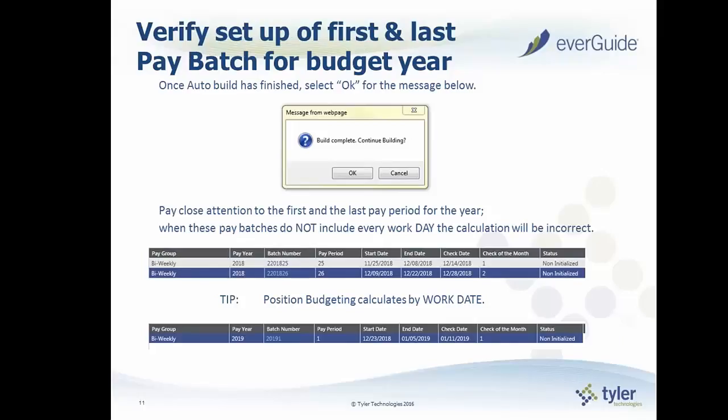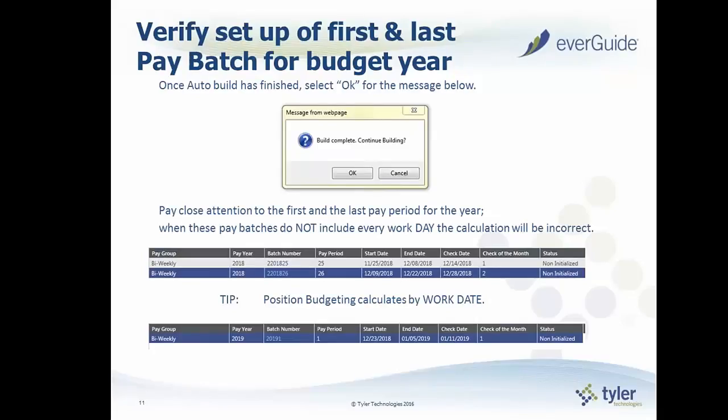The calculation for position budgeting goes by work date. What I'm trying to communicate to you is it's very common that your first batch and your last batch of the year do not go up to 12/31 and begin 1/1. A lot of times the batch overlaps the following year or the previous year.